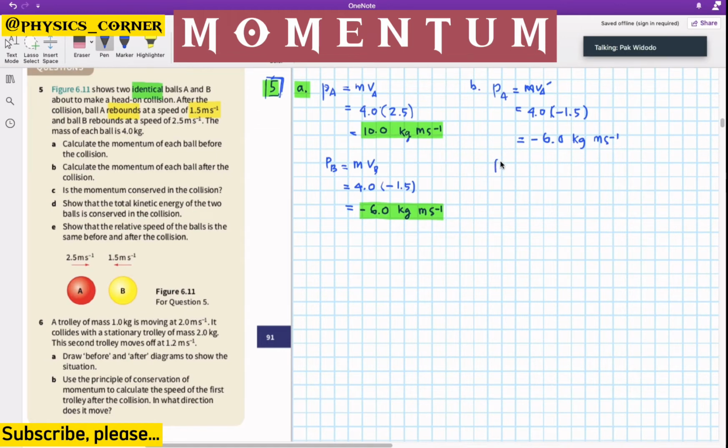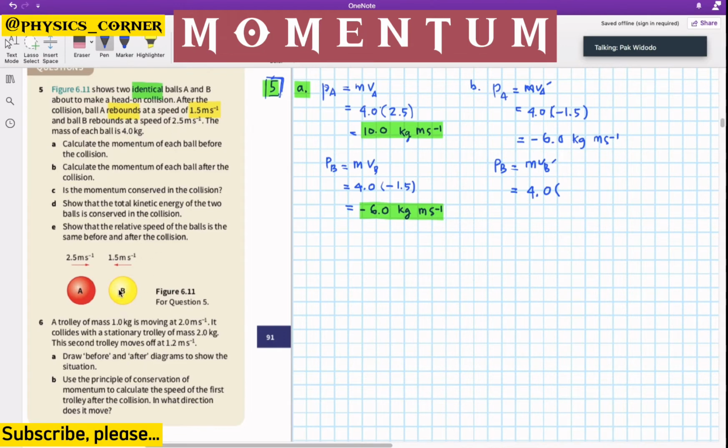And then PB after collision is mass times VB after collision. B rebounds also, at the speed 2.5.